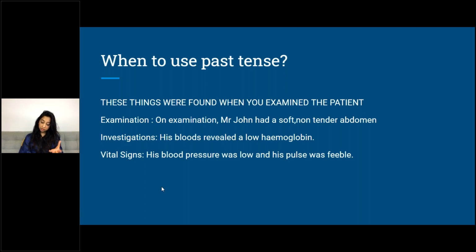Susan, you can have surgeries multiple number of times. Okay. So "he had an operation", or "he had an appendicectomy", or "he had an open laparotomy".